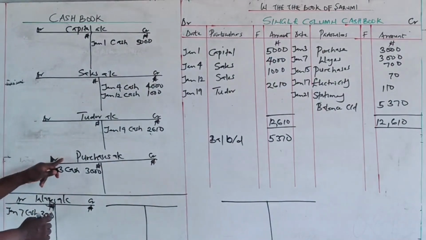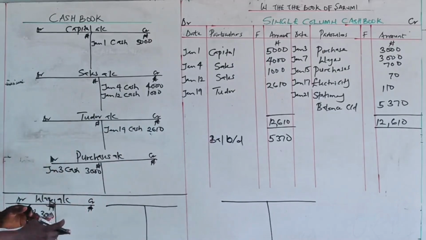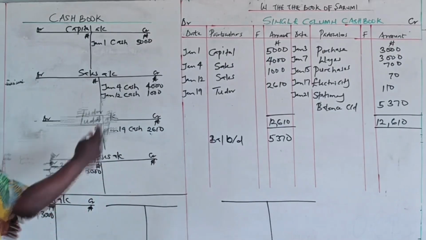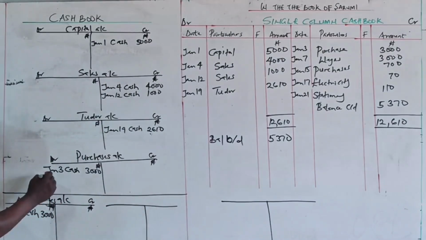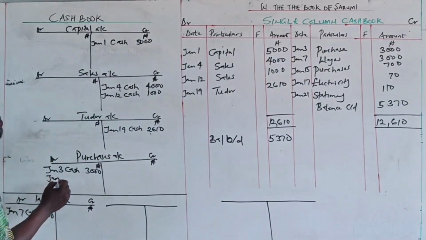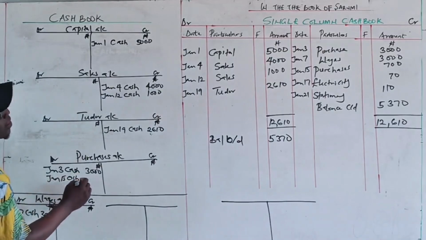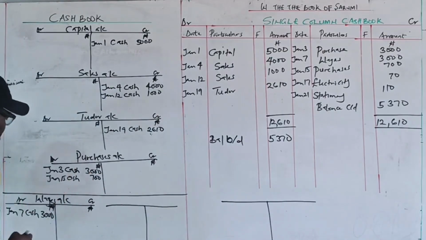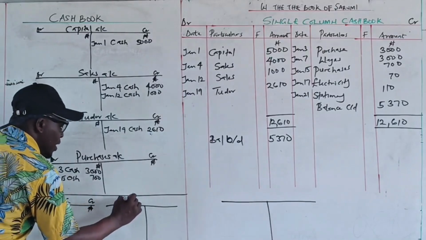So I already have one purchase account here. I don't need to open another purchase account. The one thing I have to do is to bring that transaction under this purchase account. So I have January 15, cash, 700 naira.